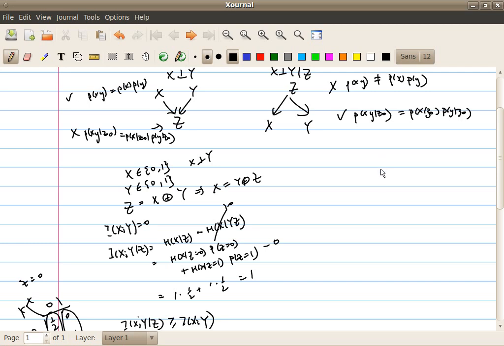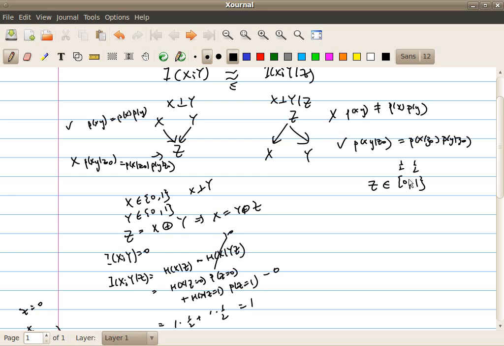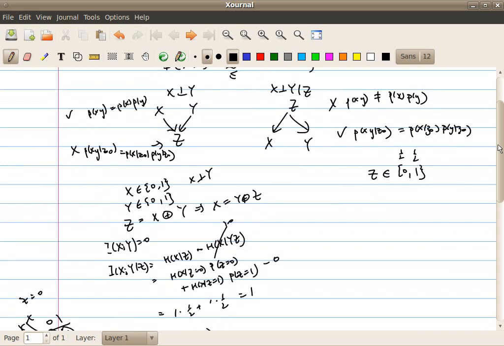Let's say Z is again a binary random variable with outcomes 0 and 1, and the probability of both is again uniform, 1/2 each.